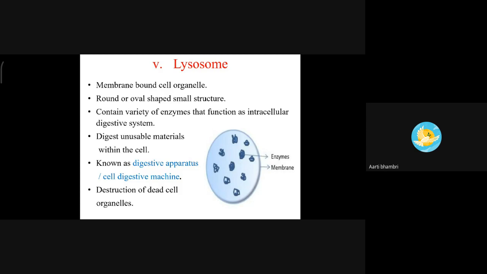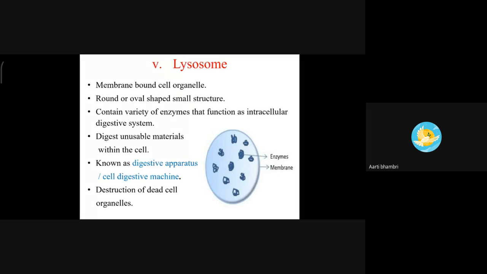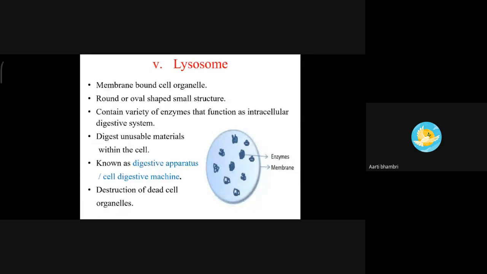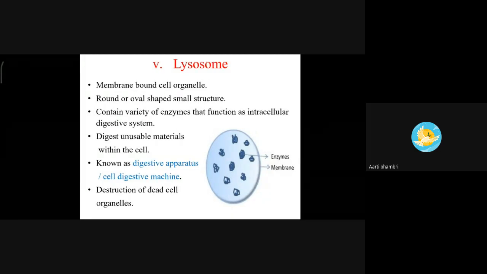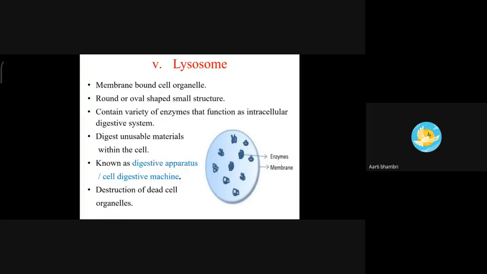But this lysosome also has a limitation. This is a very good thing about lysosome, that if something unusual or unwanted material is present in the cell, then this lysosome will digest that thing and it will clean the cell. But sometimes it digests some needy part of the cell too.